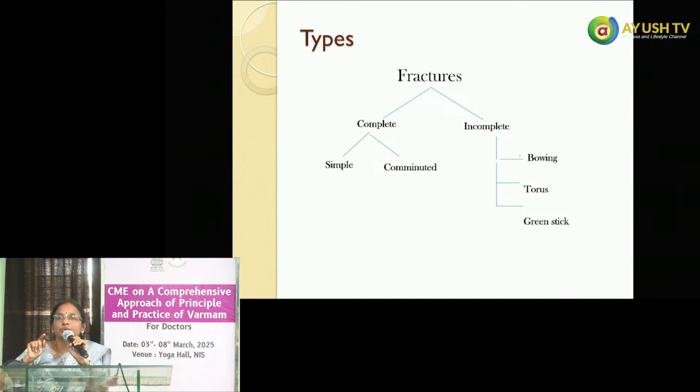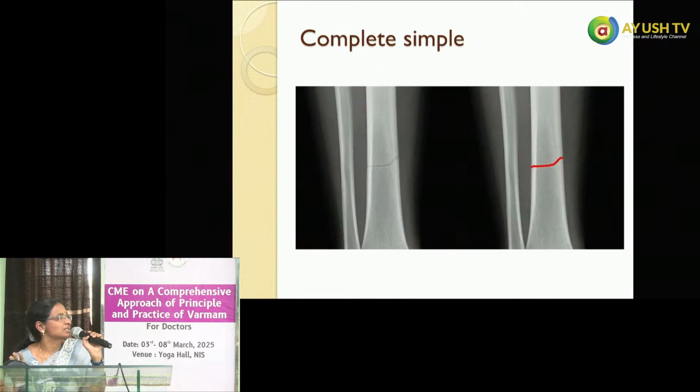Complete fractures have two types: simple fractures and comminuted fractures. A simple fracture is just a break in the bone without any complication, only the bone has broken. That is a simple complete fracture. This is an X-ray of a complete simple fracture. In this long bone, there is a small fracture line in the shaft or middle part, highlighted with a red line.